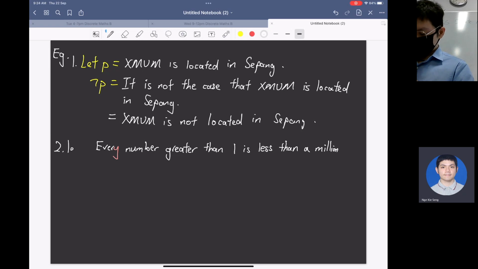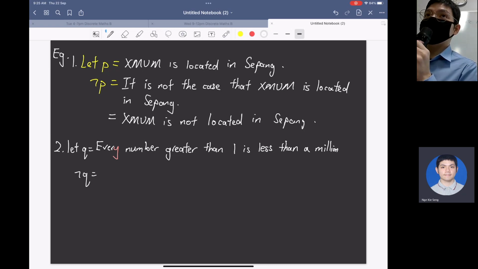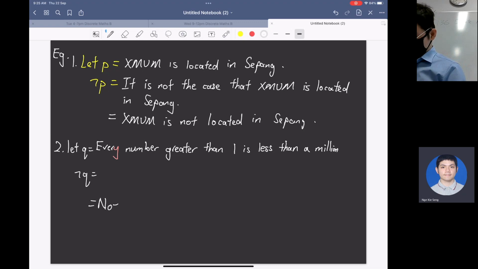Okay, how about the second example? What is not Q? Not every number, then what is that? Okay, good. Not every number greater than 1 is less than a million.